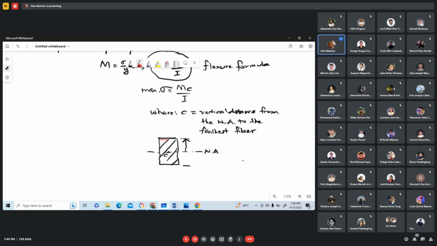The uppermost fiber. That is the fiber which is subjected to maximum flexural stress.